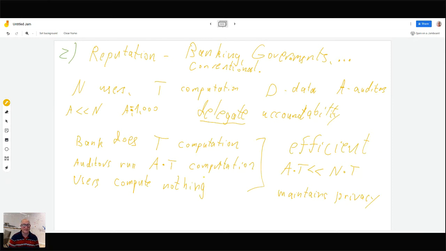Whereas in this system, really only the bank or the trusted party sees the data, and the auditors also see the data. So the users don't see all of the data. In this way, you can also maintain privacy. So that's another good thing. The downside of it is that it is prone to corruption.